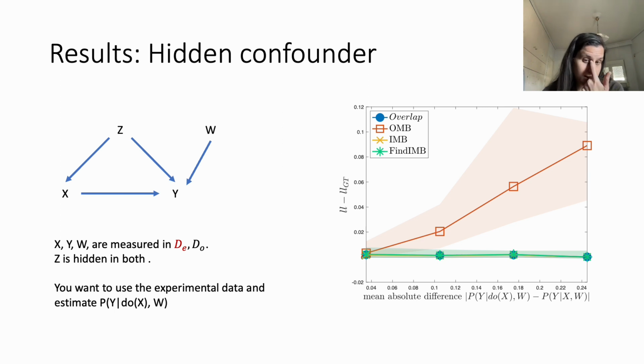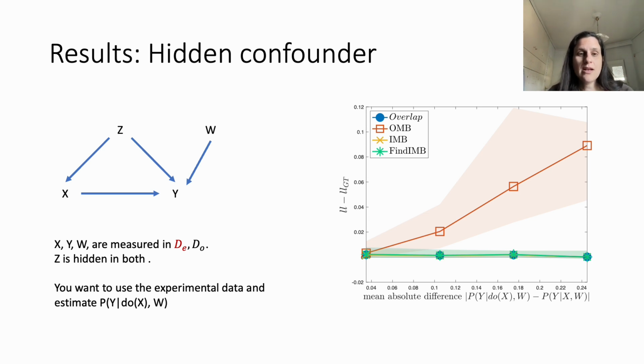The X-axis is essentially the bias introduced by Z, and the Y-axis is the difference in log likelihoods between our predicted probability using our method and the ground truth probability distribution. So essentially here, lower is better.